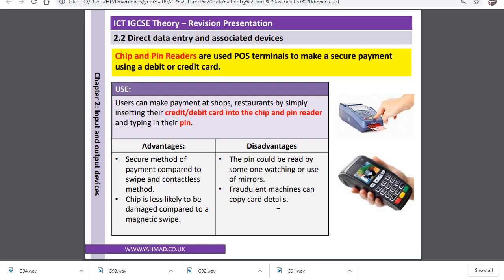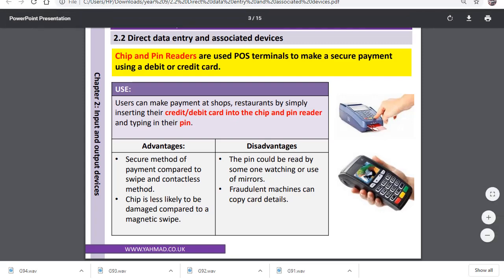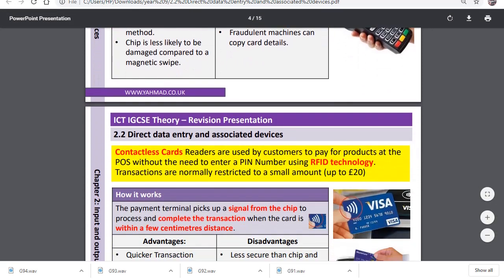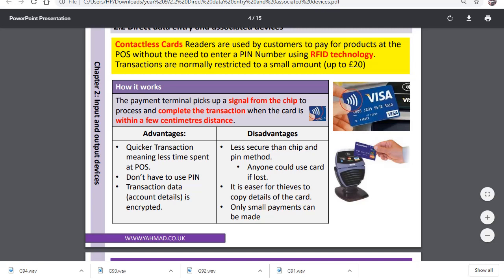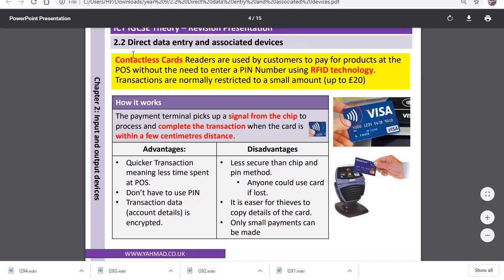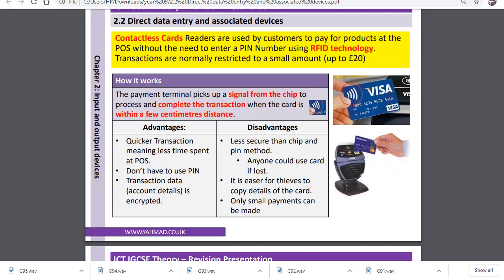The third direct entry device is the contactless card. Contactless card readers are used by customers to pay for products at POS without need to enter a PIN. So the difference between chip and PIN and contactless card, there is no need for having a password while using a contactless card.